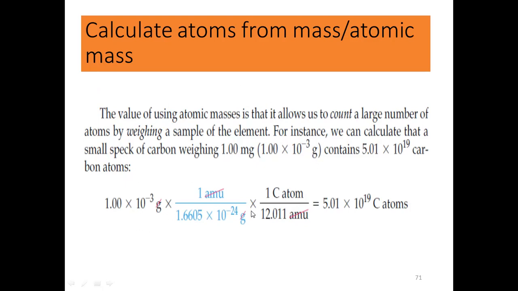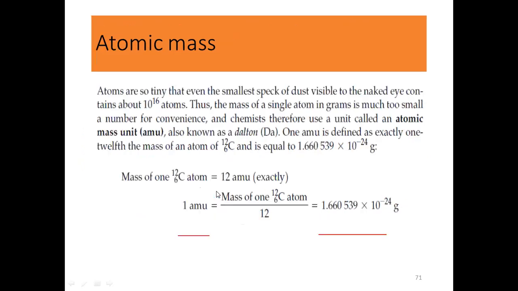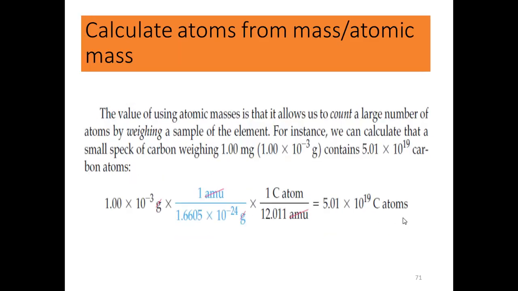Now again, as we have done during the conversion of different stoichiometric calculations, with the units of weight, length and temperature, we use the unit cancellation method. This, in blue, is the standard conversion. As we have discussed before, 1 AMU is equal to this much gram.